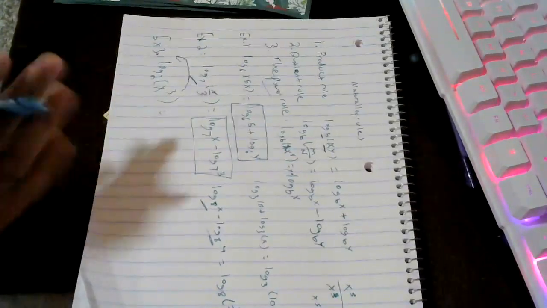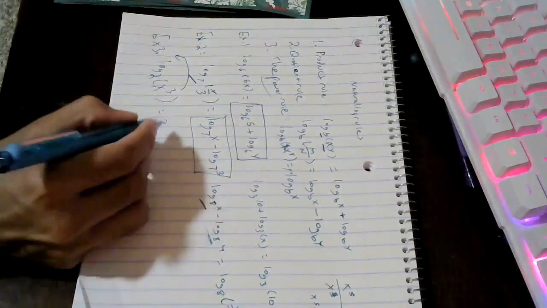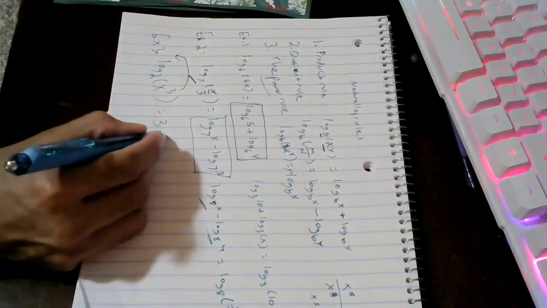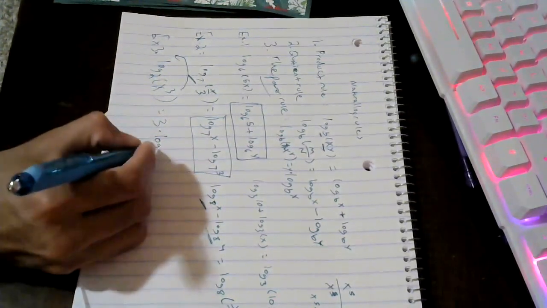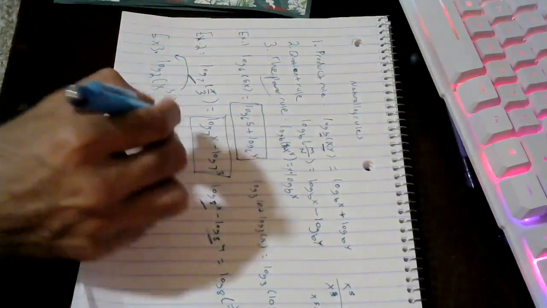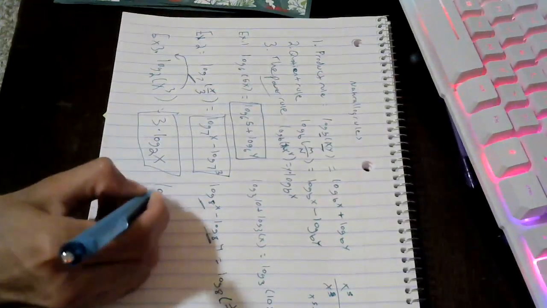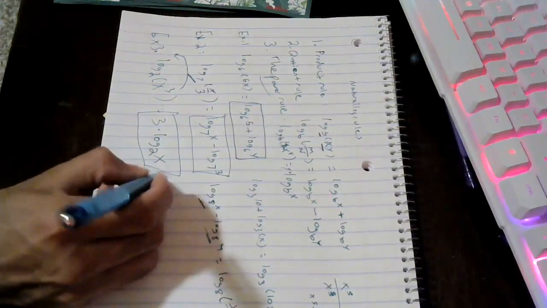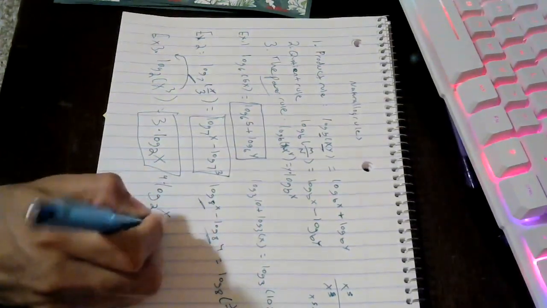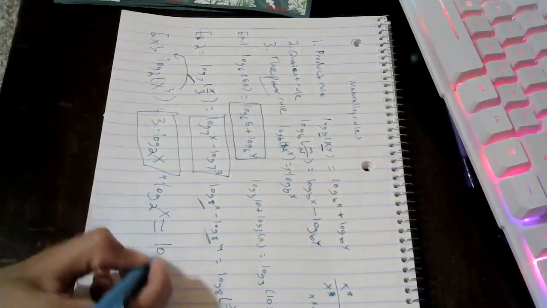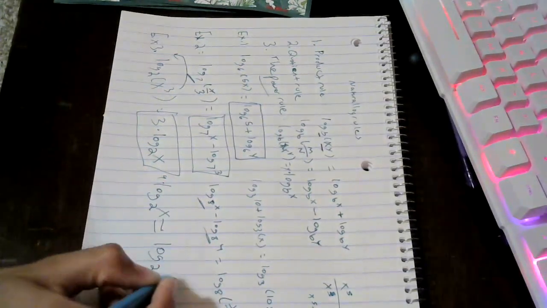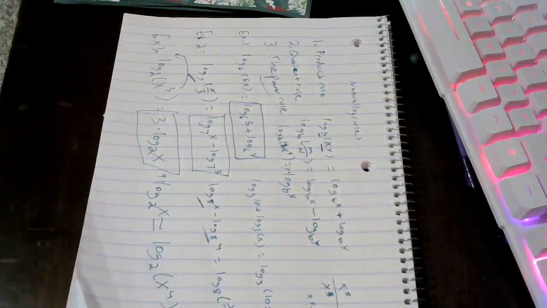So now I have 3 times log 2 of x. And if we wanted to flip it, say we had 4 log 2 of x, we could always switch it so it becomes log 2 of x to the 4th.